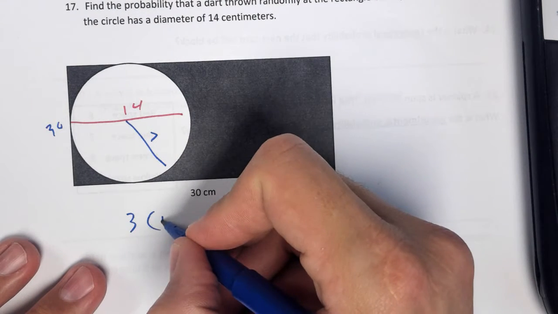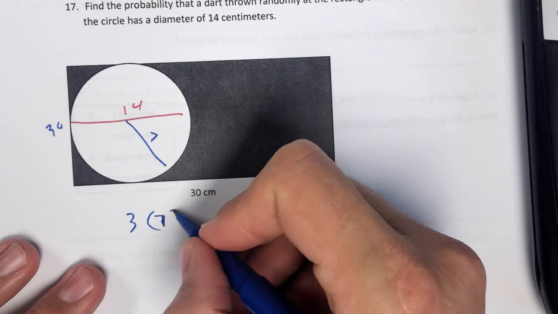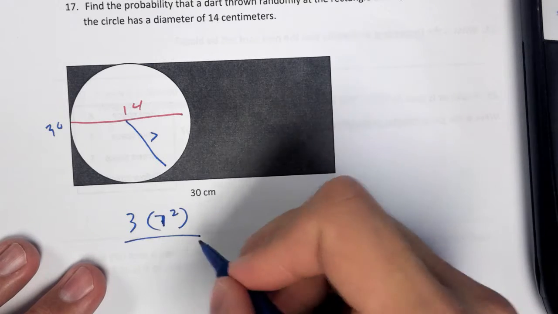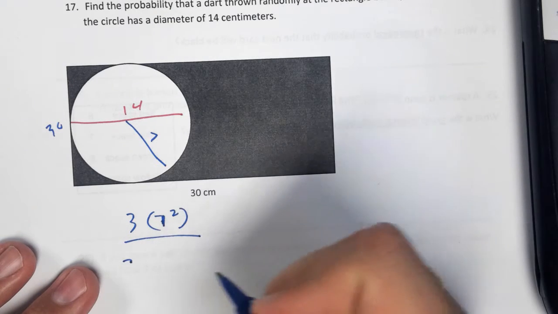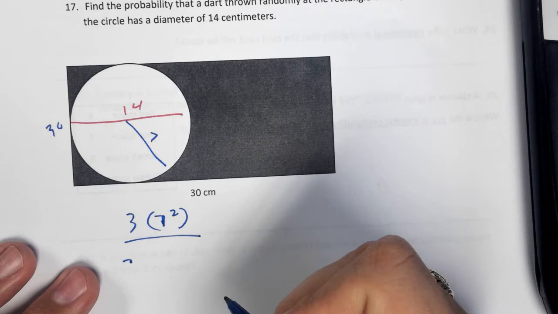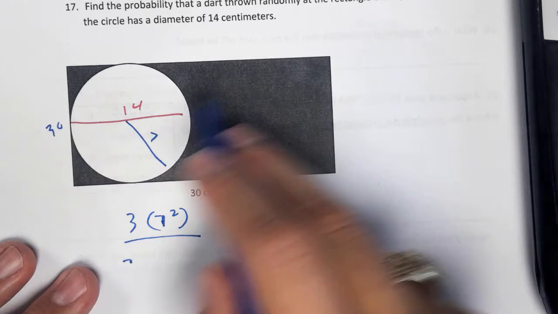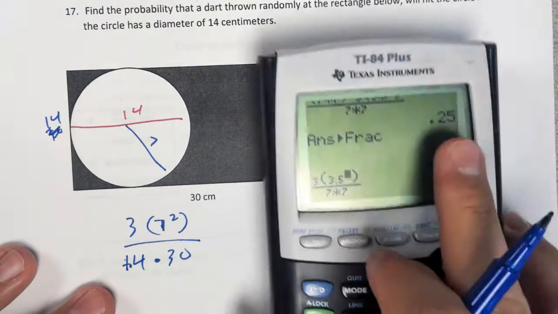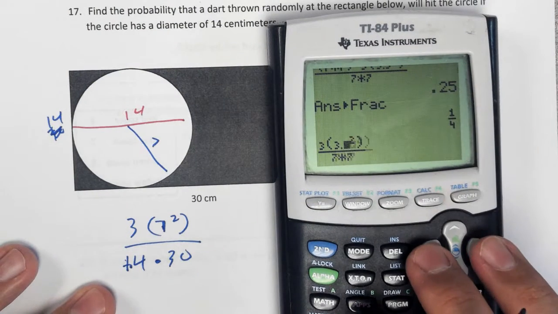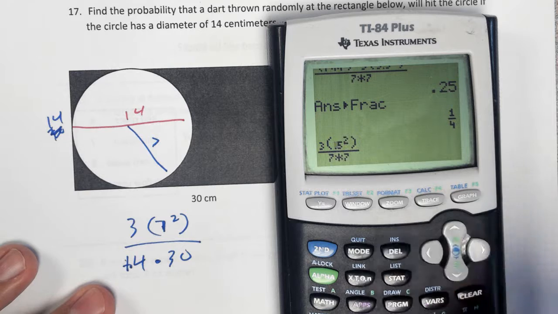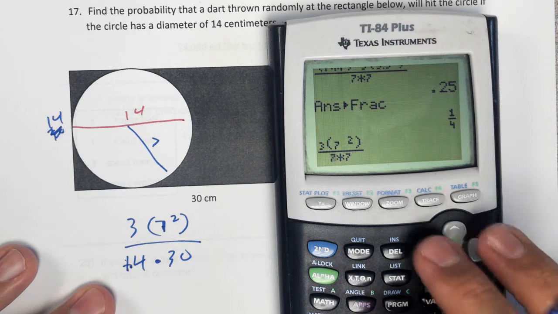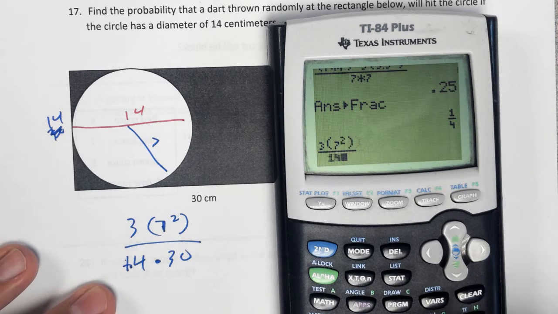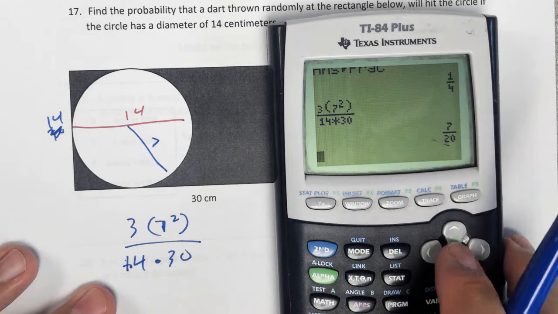My radius is 7 squared divided by my total, which is, I'm sorry, this is not 30. Diameter of 14 is 14 times 30. Change this appropriately. Change the 3.5 to 7 squared, and change this to 14 times 30. Press enter. 7/20.